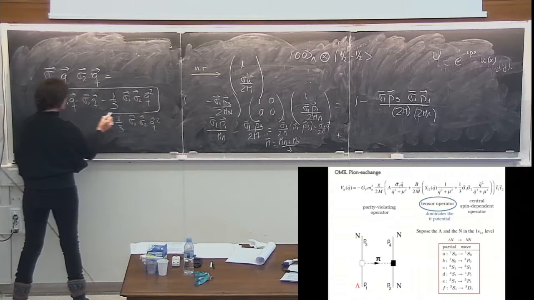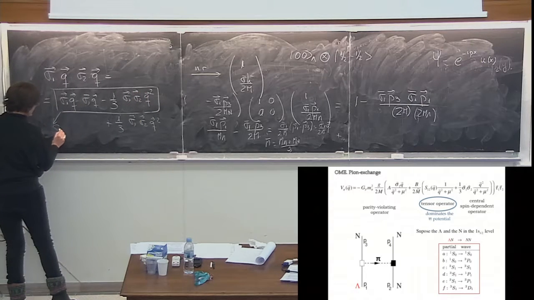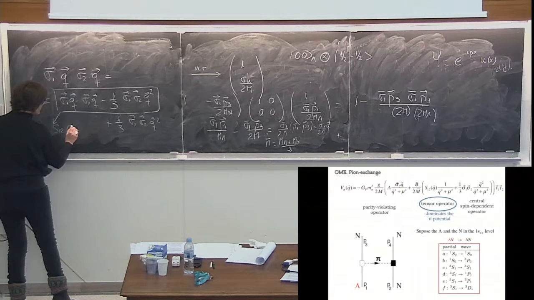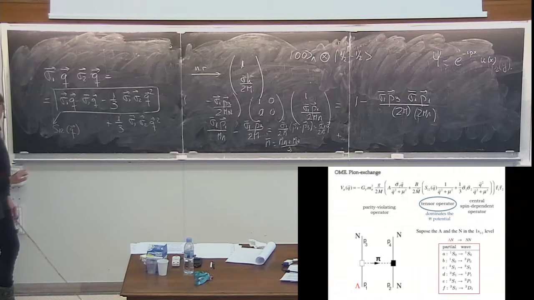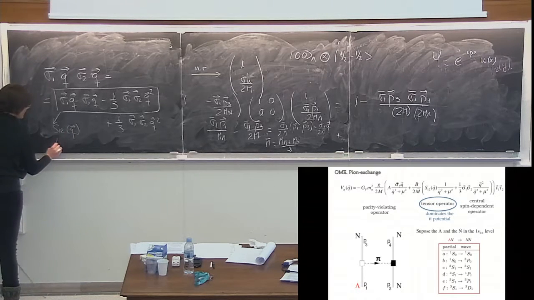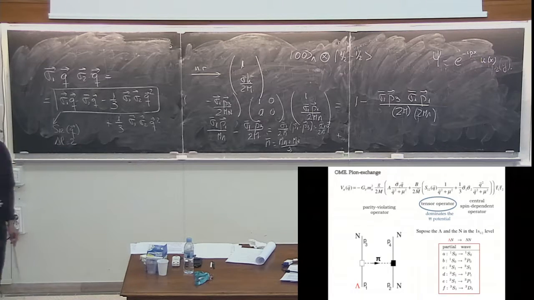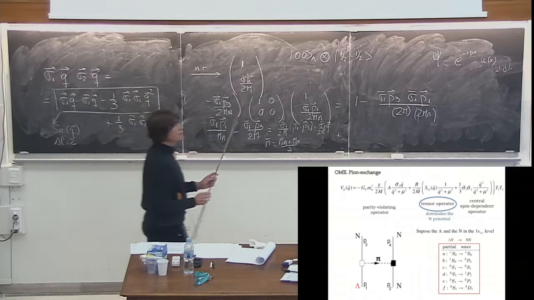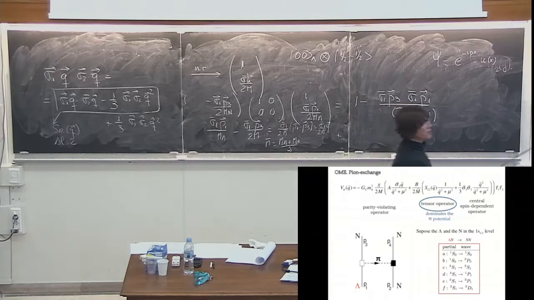Here is what is called the tensor operator. It's really a tensor. That means that it will carry 2 units of angular momentum to your problem, to the initial system, initial partial wave.